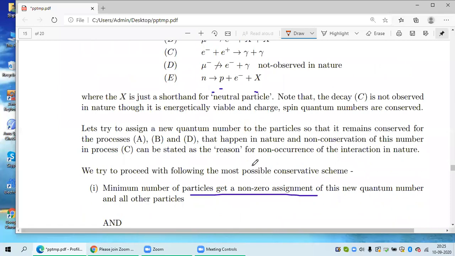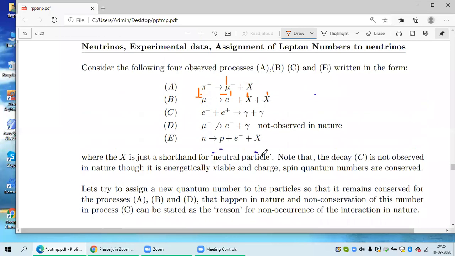But the approach is this: the minimum number of quantum numbers should be introduced, and care should be taken so that as many particles as possible have a zero value of the quantum number. Only when we are forced, cornered, can we give a non-zero value.